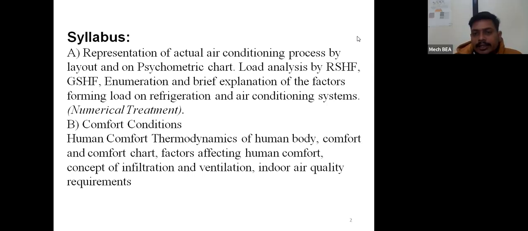The second point is load analysis by RSHF, GSHF and ERSHF. RSHF is room sensible heat factor, GSHF is grand sensible heat factor, and ERSHF is effective room sensible heat factor. Then enumeration and brief explanation of the factors forming the load on refrigeration and air conditioning system.